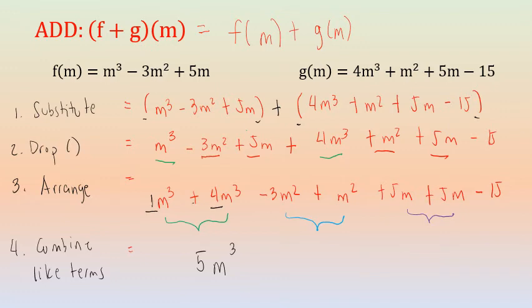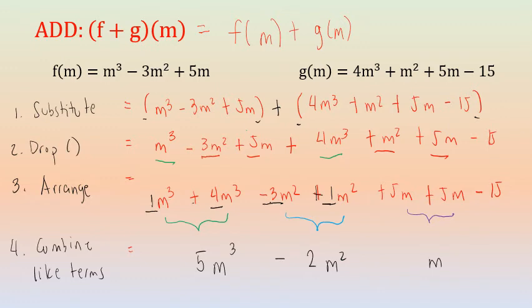Next, itong pangalawa, m squared. Copy the base and exponent. So negative 3, this is our numerical value. Then dito, positive 1 since we are adding. So negative 3 plus 1, ilan yun? Negative 2.